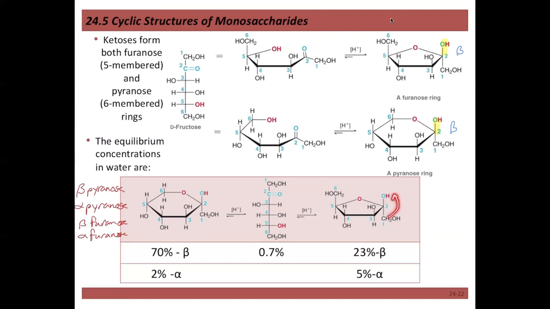And again, to get the alpha anomer of this, which is about 5%, you would just switch those 2 positions. Now, this is just in water. So this is without anything favoring one product over the other. This is just the equilibrium that these would establish in water. Now, in nature, nature has a way to pick which form and which anomer it prefers.